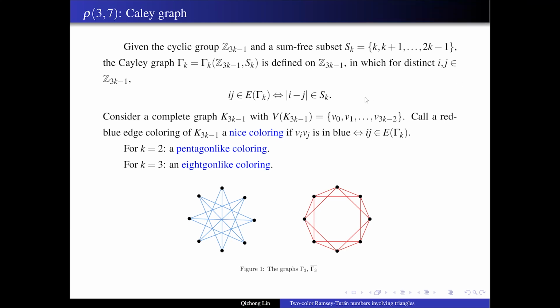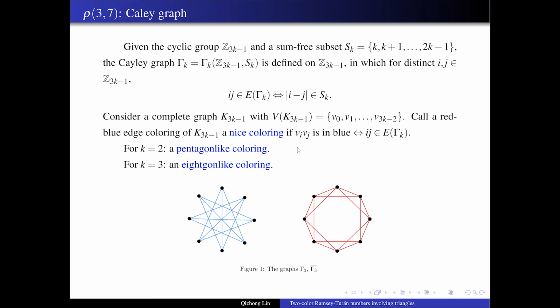We call a red-blue edge coloring of the complete graph of order 3k minus 1 a nice coloring if and only if V_i V_j is in blue if and only if ij belongs to the calligraphic graph gamma k.